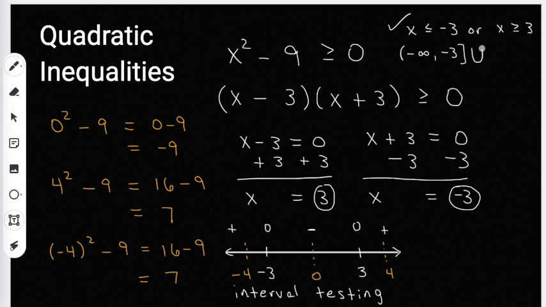And then we want to use the set union symbol to also include this next interval. x is greater than or equal to 3. So for this, I'm going to have to use a closed bracket on the 3 and then +∞ with a parenthesis after that. So we always use parentheses when we use a -∞ or a +∞.